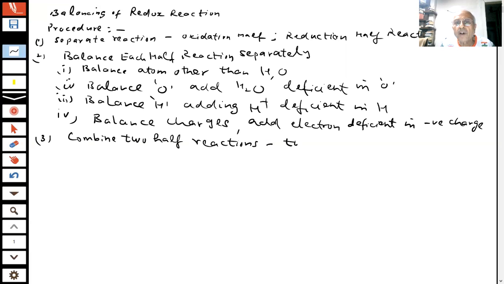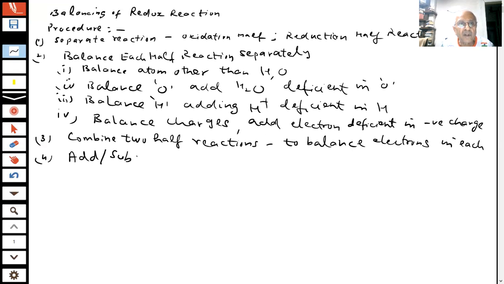What do you do when you combine them? The half reactions are balanced, and finally you make the electrons lost equal to the electrons gained. You multiply to balance the electrons in each, then add or subtract to cancel the electrons.